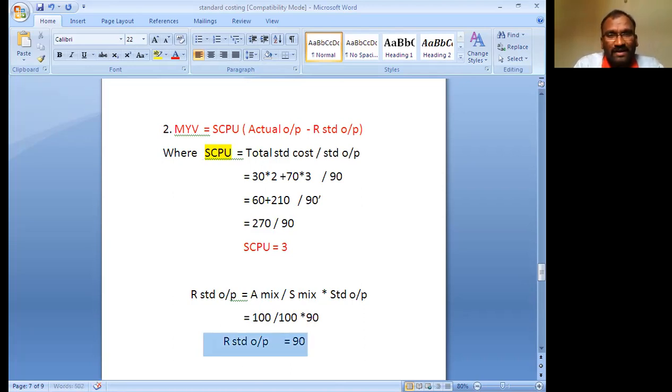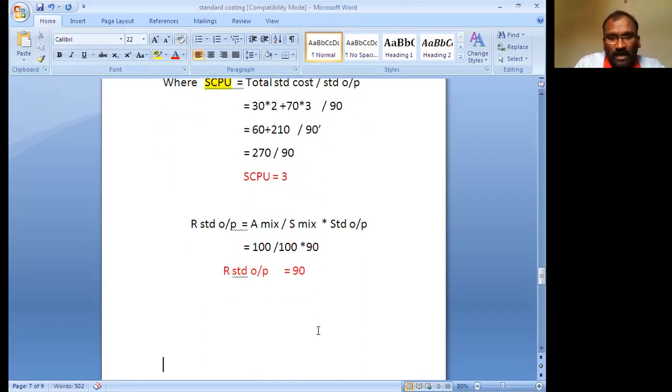These two values you have calculated here. After that, simply you are substituting in the formula. Material yield variance equals standard cost per unit 3 rupees, bracket open, actual output 85 minus revised standard output 90.